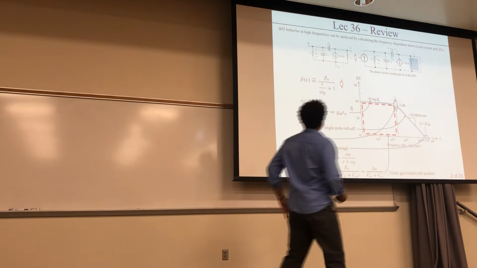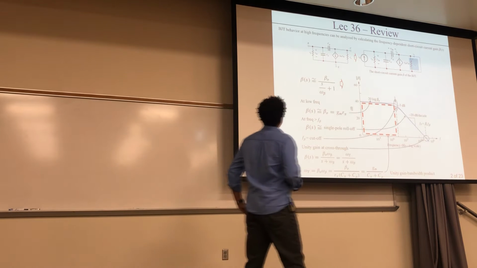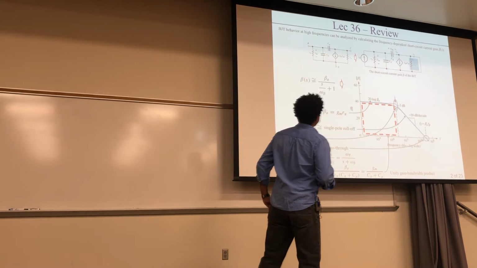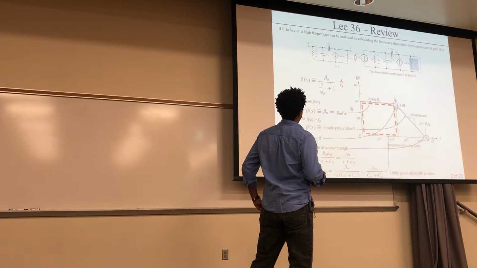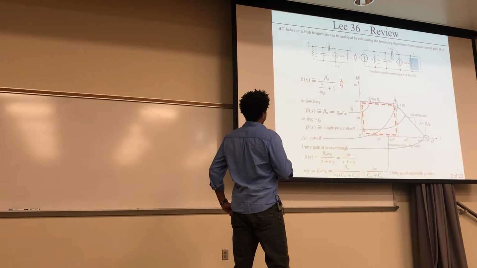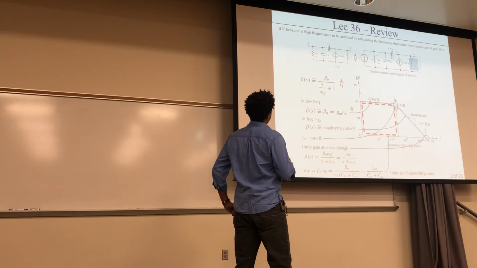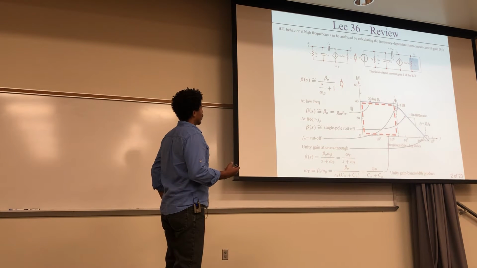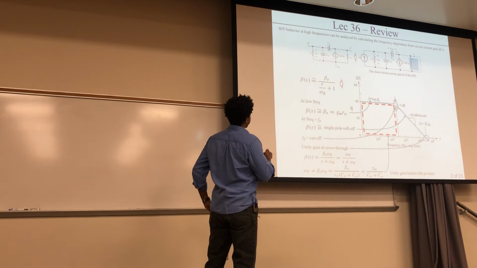Okay. All right, so in review of our last lecture, lecture 36, recall that the BJT behavior at high frequencies can be analyzed by calculating the frequency-dependent short circuit gain beta of S. This is the small signal hybrid pi model, and because we're dealing with high frequencies, the difference between the regular hybrid pi model and this high frequency one is that we're including these capacitances, C pi and C mu.